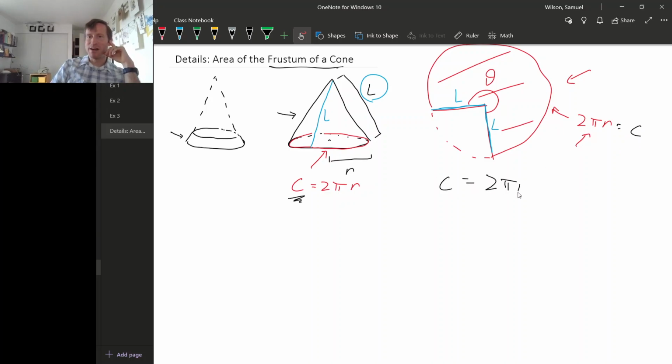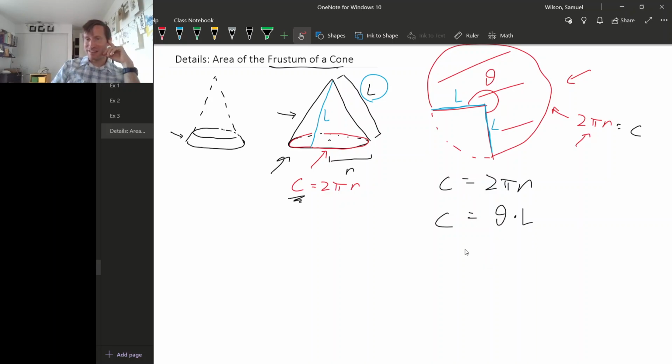It's 2 pi r, and that's coming from the cone. On the other hand, when you have part of a circle, the arc of a circle is the radius of the circle, which for this big circle that we don't have all of, the radius is actually L, times the angle at the inside, which is theta.